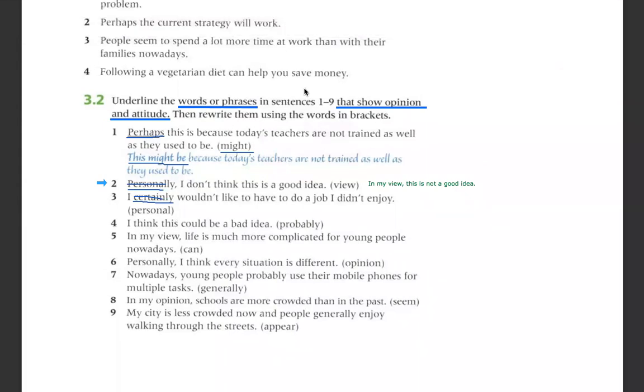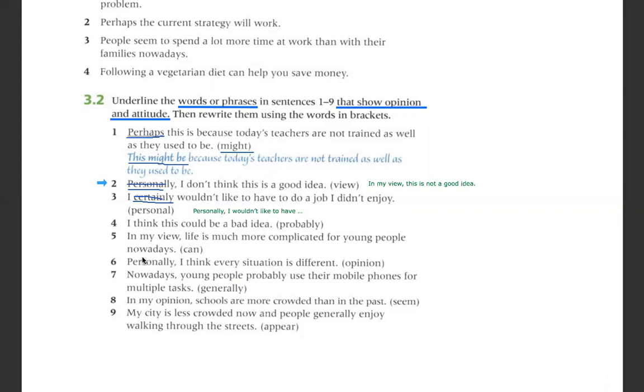Quite a lot of you are saying I personally. That's fine. But often with this word, we like to use it in the beginning of the sentence. This isn't the only correct way, but this is a good way of using it. So if I start with personally, how do I complete the sentence? Yeah, we carry on with I wouldn't like. And the rest stays the same. So just remember, often with words like personally, we use them in the beginning.